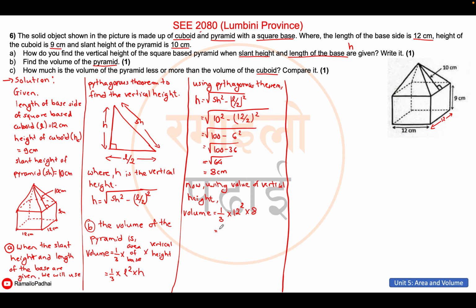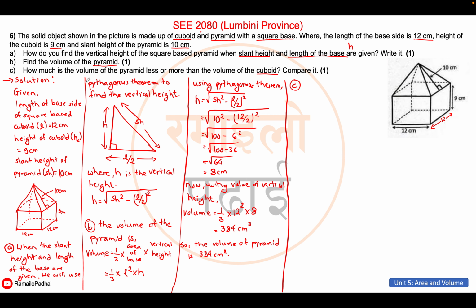Let me just calculate it. 384 centimeter cube. So this is the volume of the pyramid. So the volume of the pyramid is 384 centimeter cube. Okay, now let's move on to question number C.